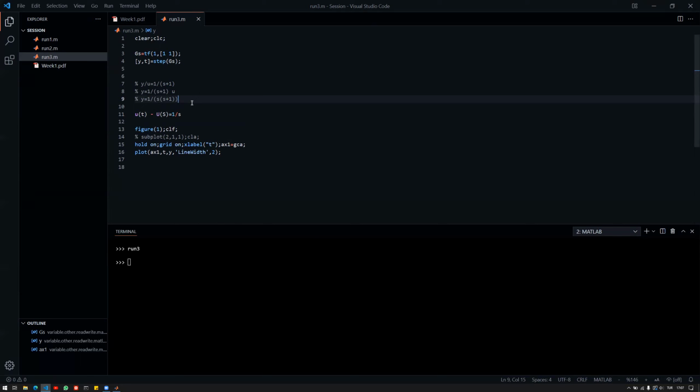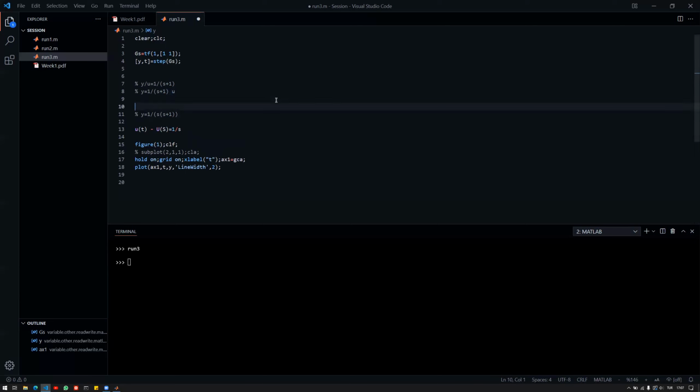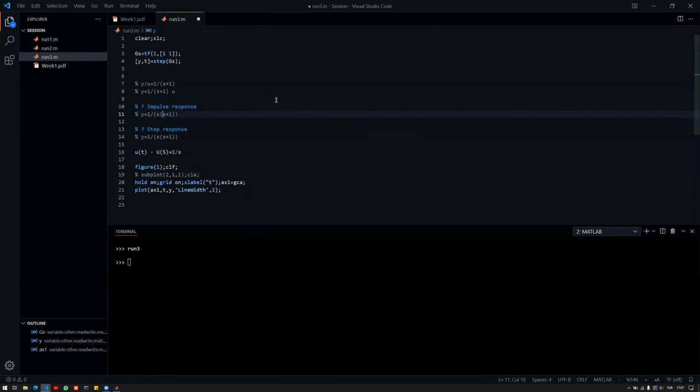But since I want to use the impulse response, the strategy changes. So this is the step response. What if I want to calculate the impulse response?